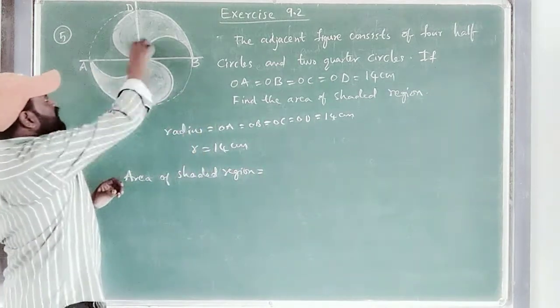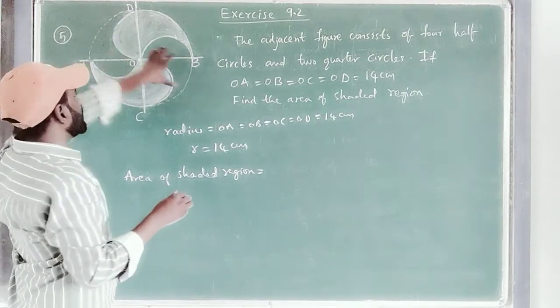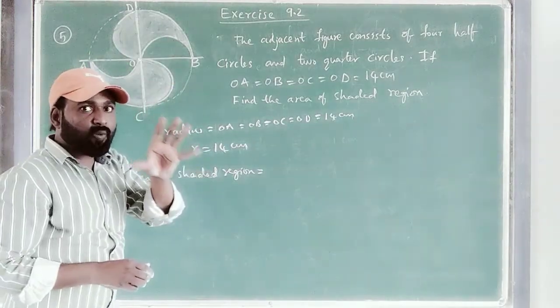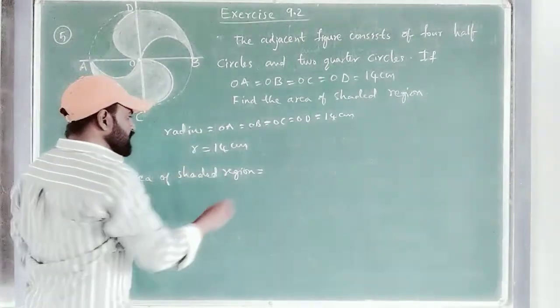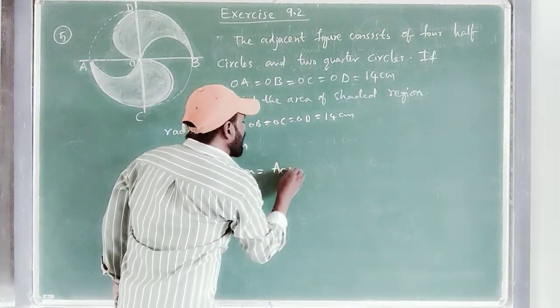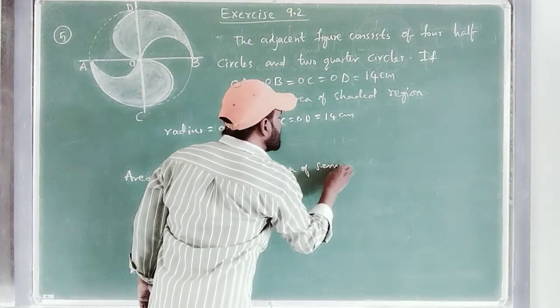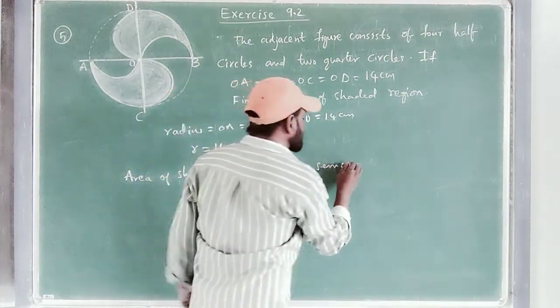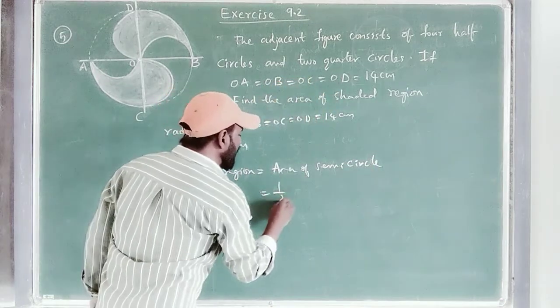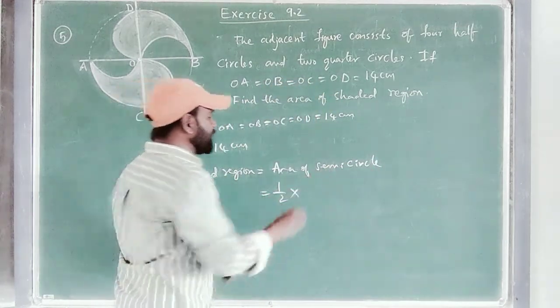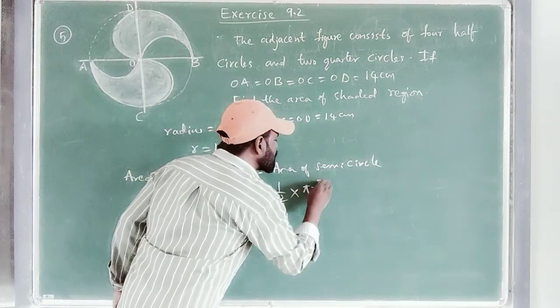Only the shaded portion, if you fix it like this or like this, will make one semicircle. Semicircle means half of a circle. So area of semicircle, only one semicircle you imagine, is half into the area of the circle formula, pi r square.